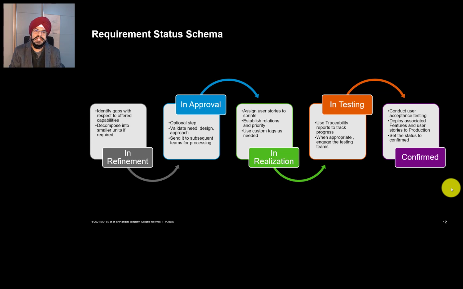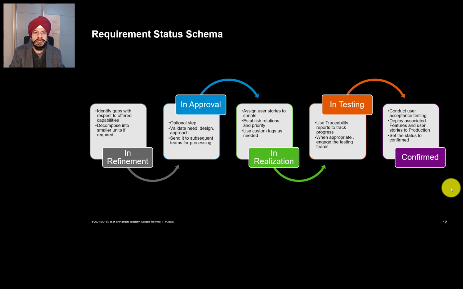What is the life cycle of a requirement? A requirement is primarily targeted towards the business user. So the business user starts by creating a requirement in a stage called in refinement. In that, there could be more details that could be required before it can be sent to approval. And here, as we'll also shortly see in the system, approval is an optional step.